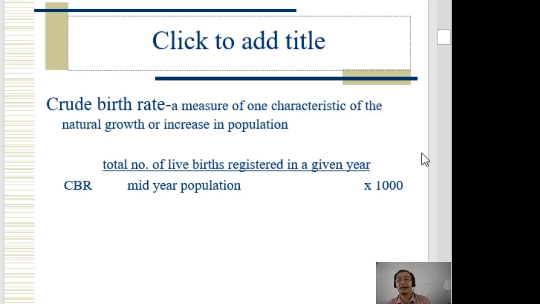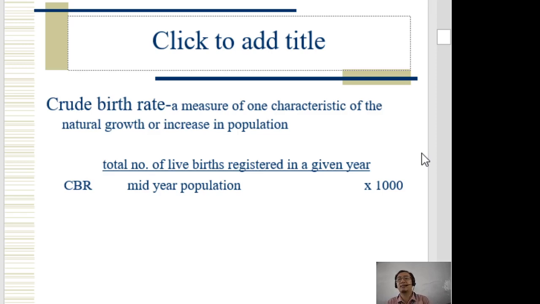The formula is total number of live births registered in a given year divided by mid-year population times 1,000. Remember to give particular attention to the constants, because they also change according to the formula, according to the statistic being studied or computed.